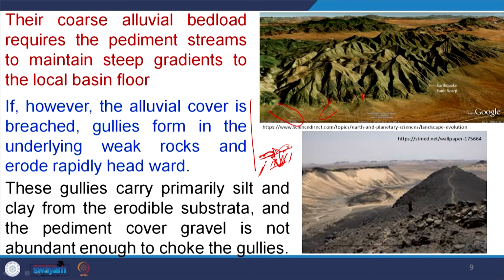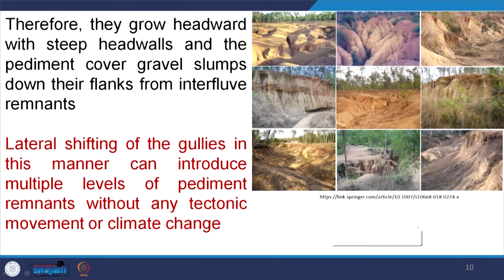And we know the silt and clay choke the river bed itself. So, the vertical aggradation will take place. Therefore, they grow headward with steep head walls, and pediment cover gravel slumps down their flanks from the interfluve and interfluve remnants.